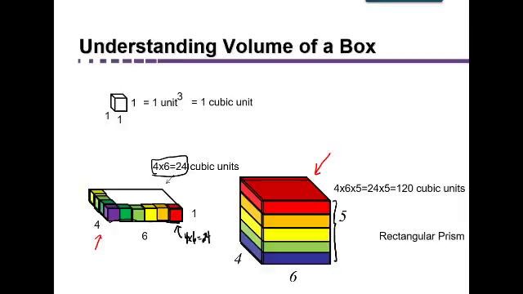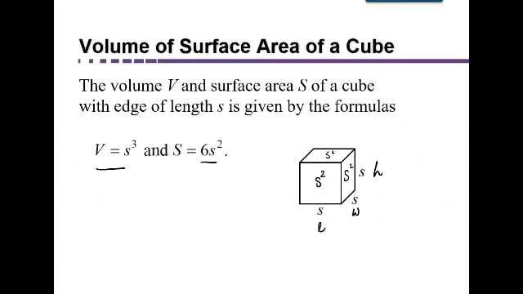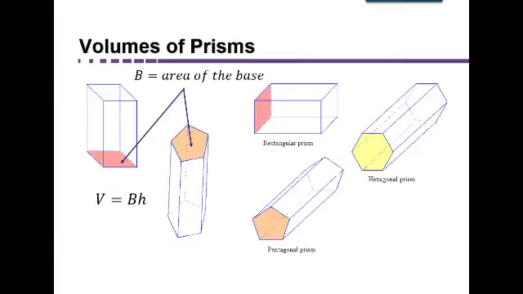So really, the 4 times 6 part could be thought of as the area of the base. We use a capital B for that, area of the base. And then the multiplying by the height part, H, is just multiplying by the number of layers. The same thing will work no matter what type of prism we have.